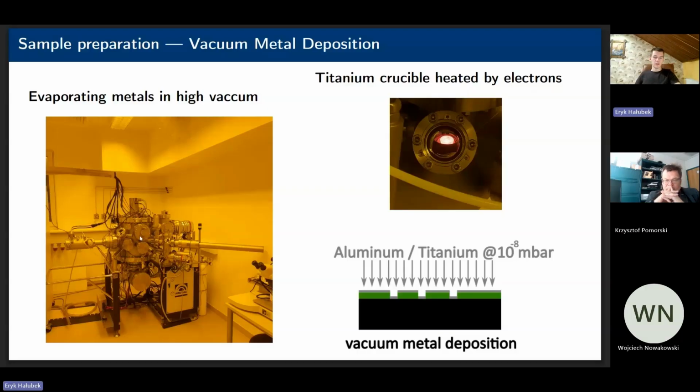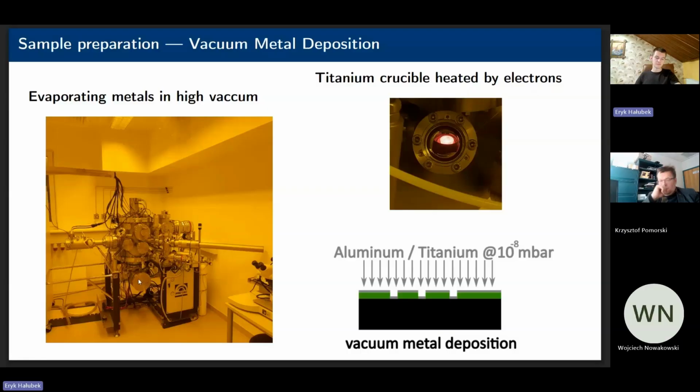So when everything is placed, when your sample is placed in the chamber, you can see it through this window, and then you can start heating the crucible of metal, which is placed at the bottom of the chamber. There are a few possibilities to choose from because there is a titanium crucible, aluminum, gold, and something else, but I don't remember.